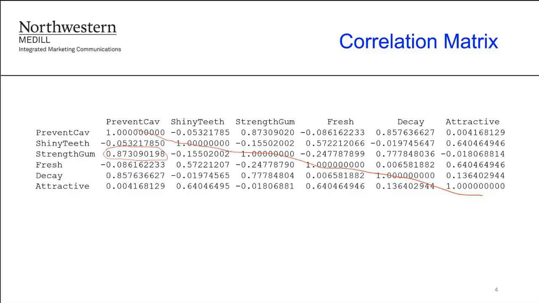What about prevent cavity and decay? This one is also very high. And strengthen gums and decay are also pretty highly correlated. So we may expect that those variables belong to one factor.